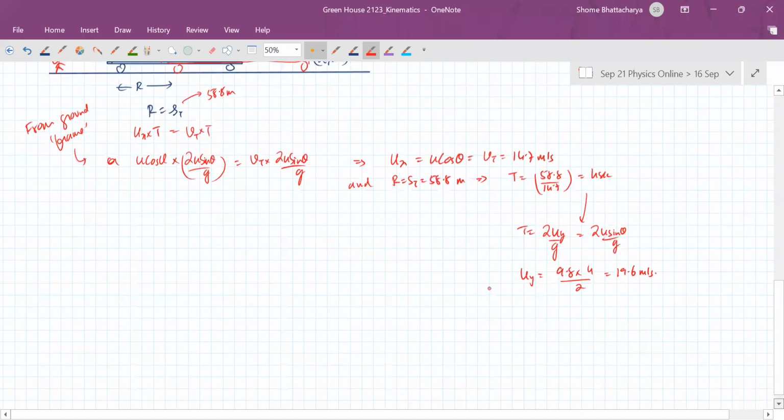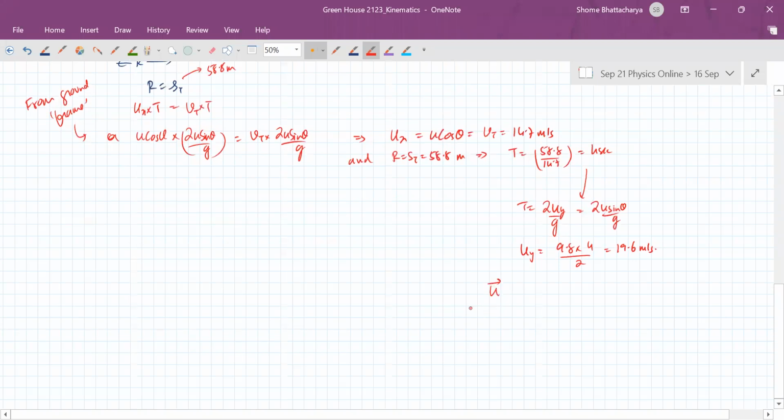So the projection velocity as seen from ground frame will be this.